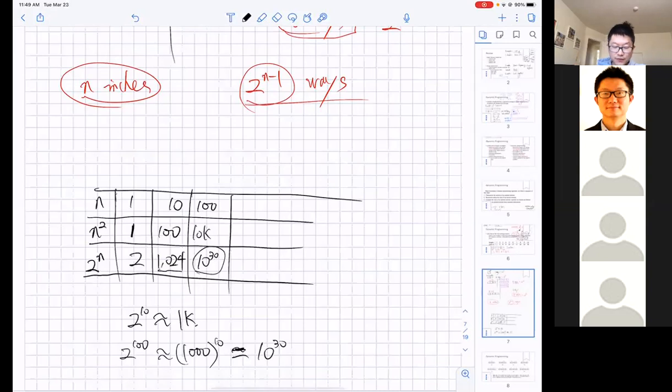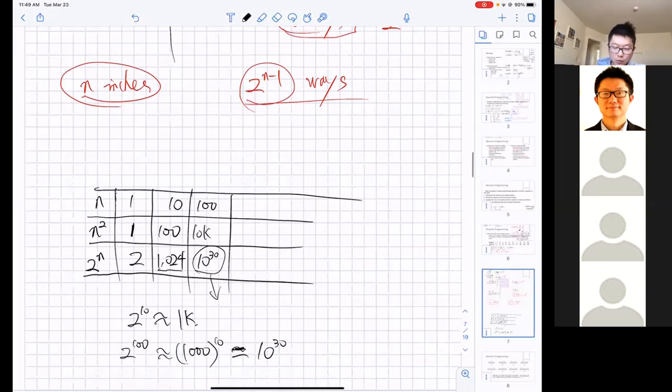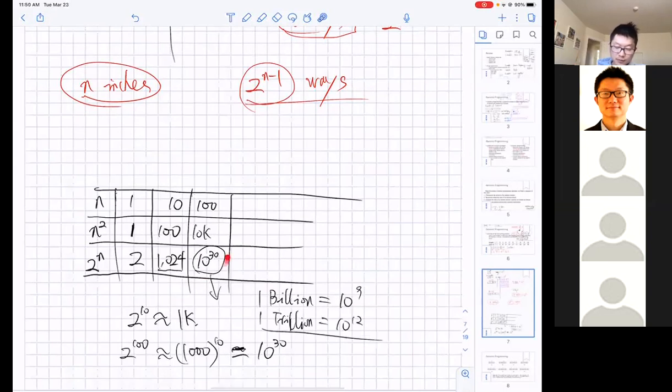Just giving you a feeling: 1 billion is 10 to the power of 9, and 1 trillion is 10 to the power of 12. So the number that we're getting here is like a billion of a billion of a billion, 1,000 of a billion of a billion of a billion. Correct?